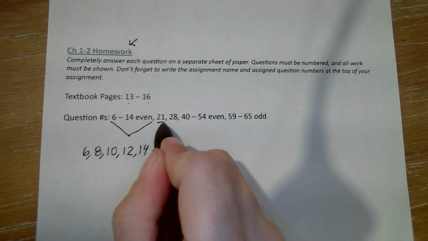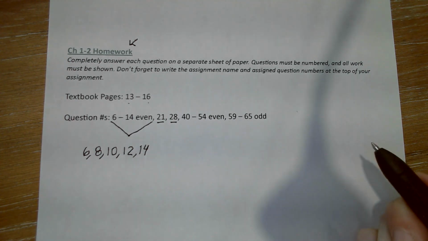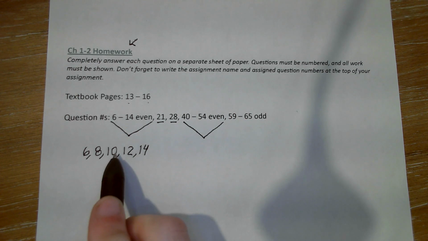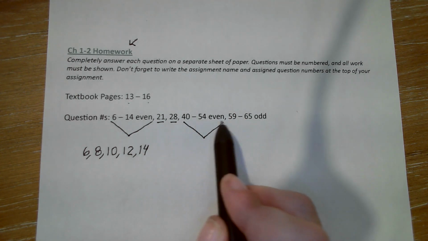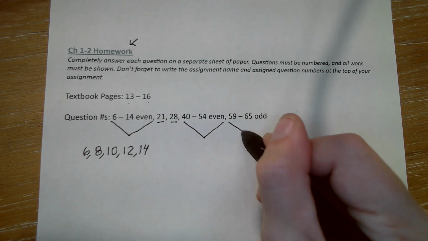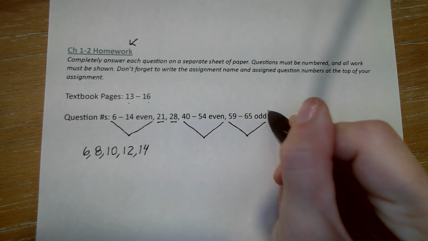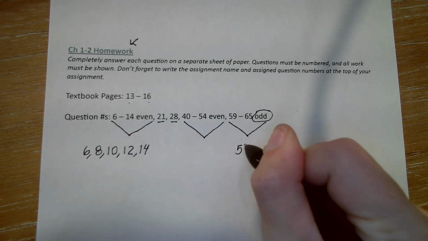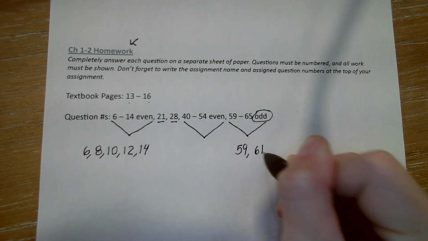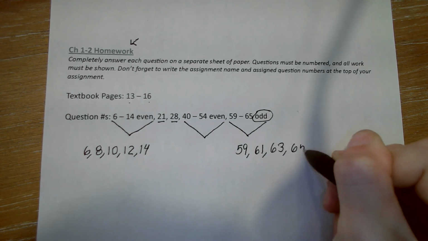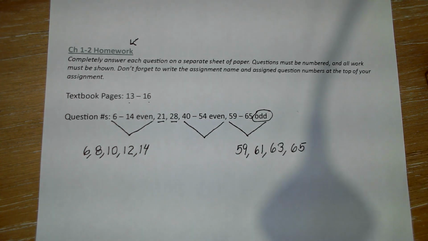Then you're going to do number 21, 28, then 50 through 54 even, like we did here. Count every other one all the way up to 54. And then 59 to 65 odd. So that will be 59, 61, 63, and 65.